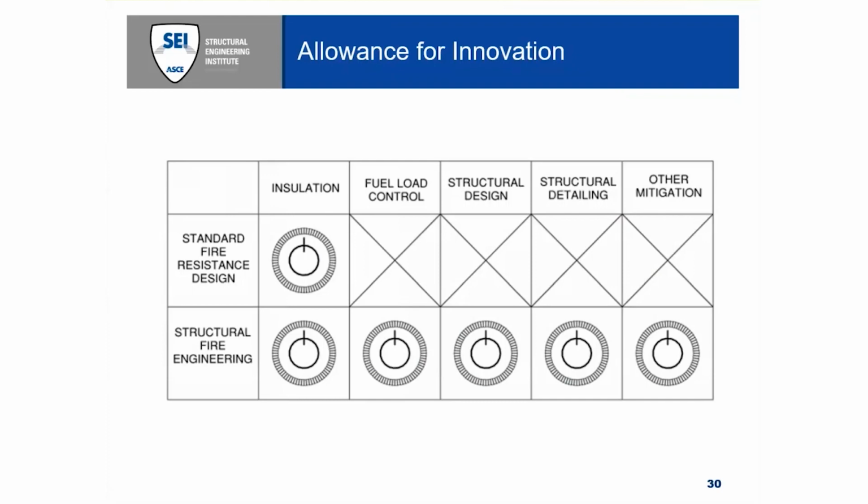Since structural fire engineering designs explicitly calculate intrinsic safety margins, the designer is able to influence a greater number of design variables in order to either decrease demand and/or increase capacity to suit their purpose and performance expectation.